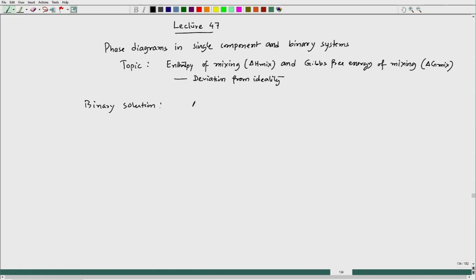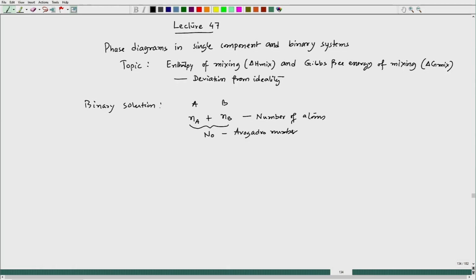Of course, we have considered two metals A and B. We have taken Na number of atoms and Nb number of atoms of A and B, and when you add them together, it yields the Avogadro number of atoms.